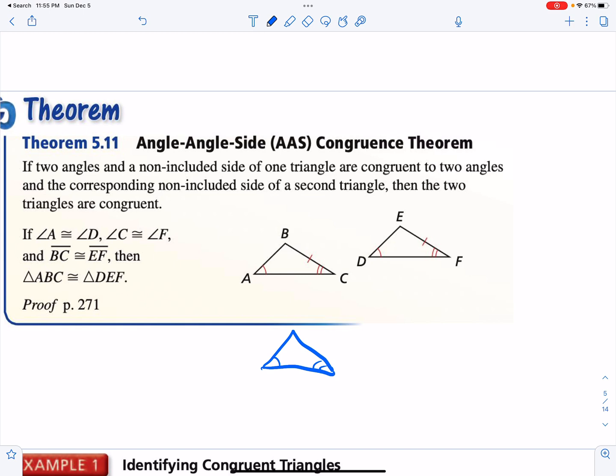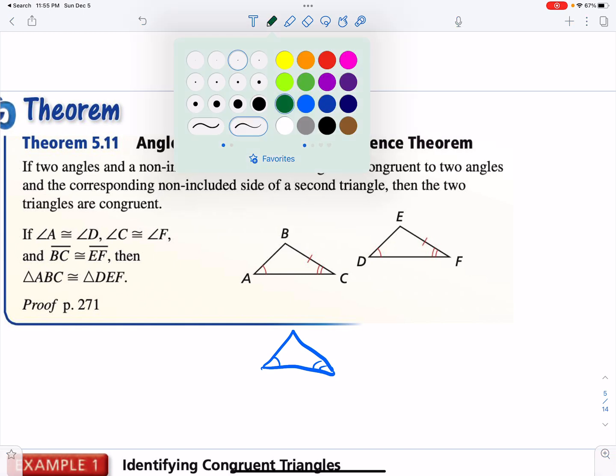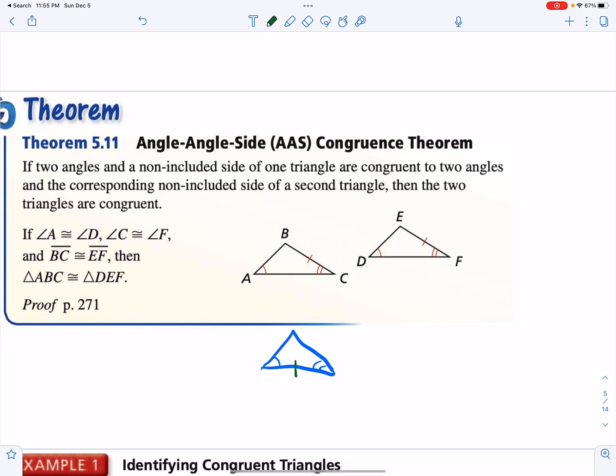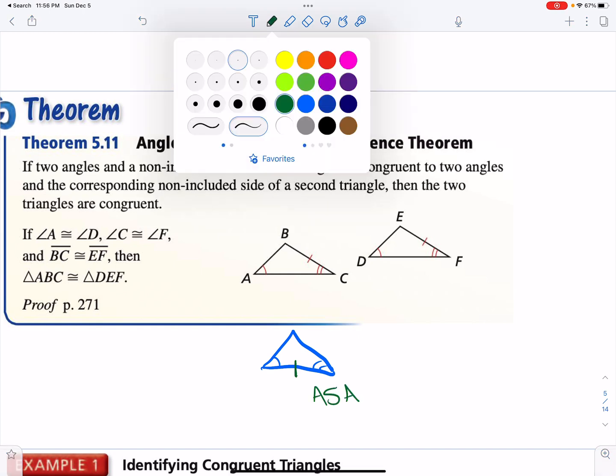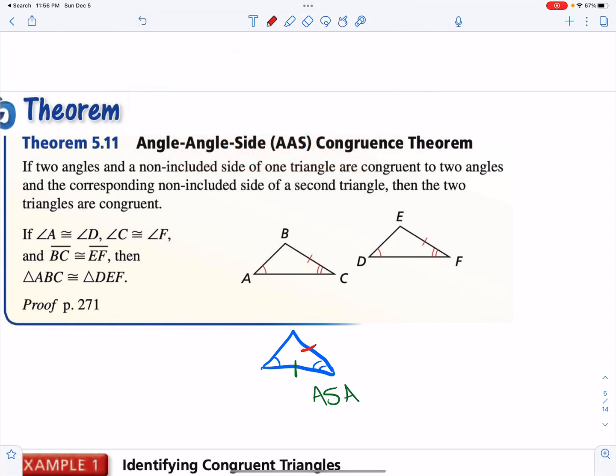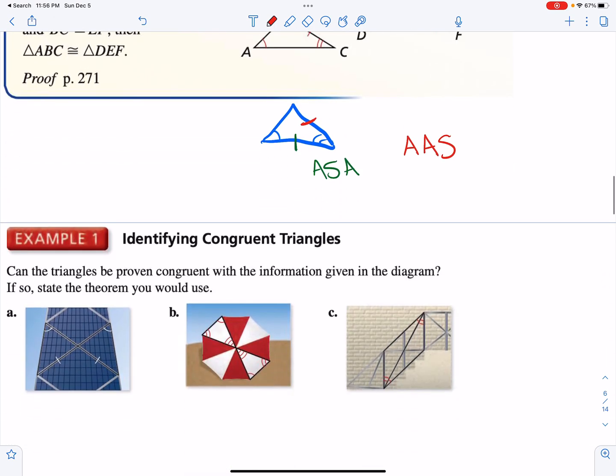I just need to know the difference between if the side is in between, that's angle, side, angle. And if the side were on either one of the sides, I'll just mark the right side, that would be angle, angle, side. But those triangles will be congruent. So if you know two angles and any side, we know for sure those triangles are congruent.